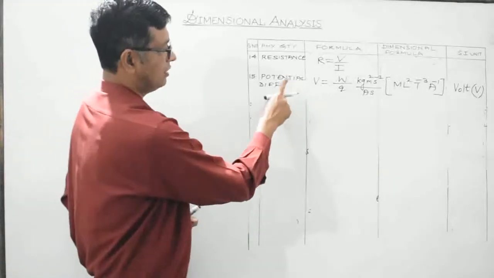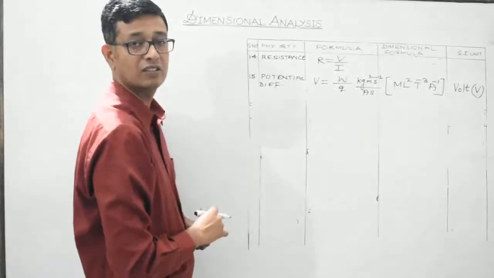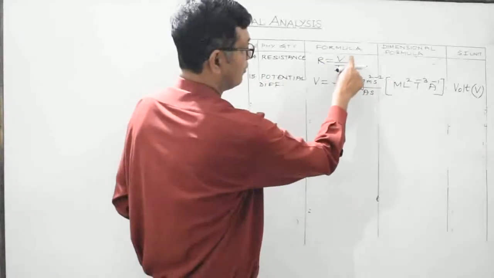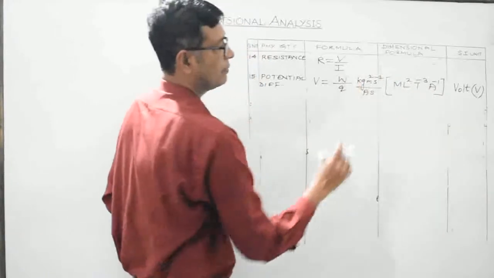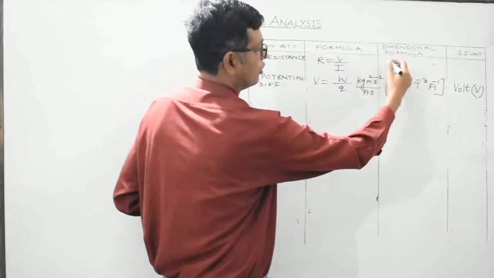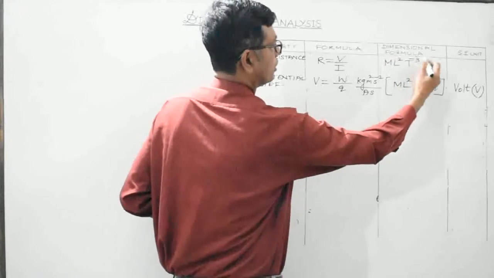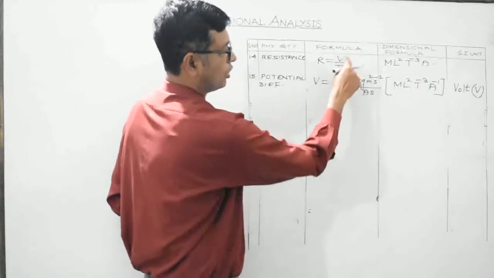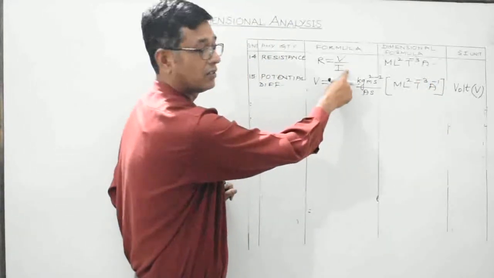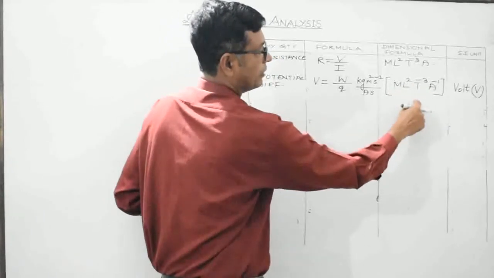Now knowing the dimensional formula for potential difference, we can easily find out the dimensional formula for resistance. Look, it is V by I. V is this, divided by I, which is ampere. So its dimensional formula would be M L2 T to the power minus 3 A to the power minus 1 divided by A. Potential difference divided by current, that is ampere.